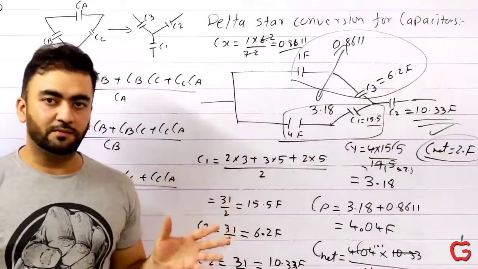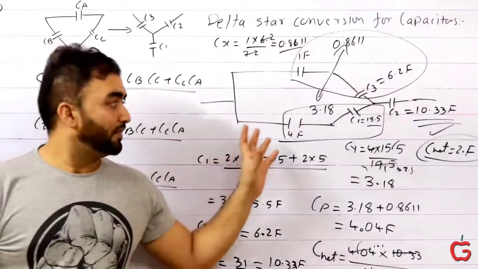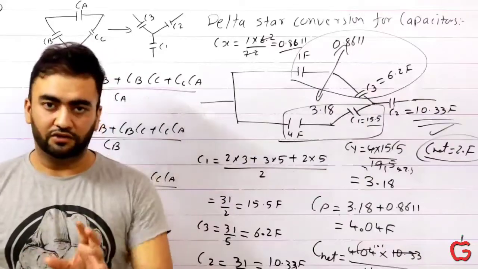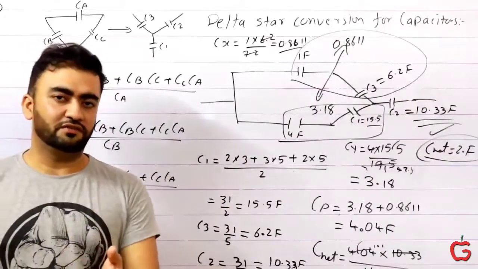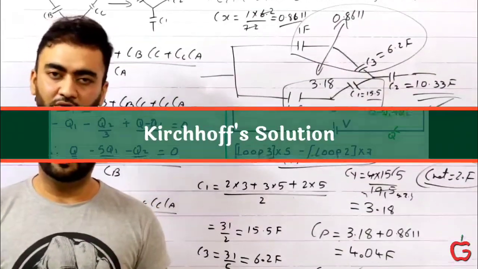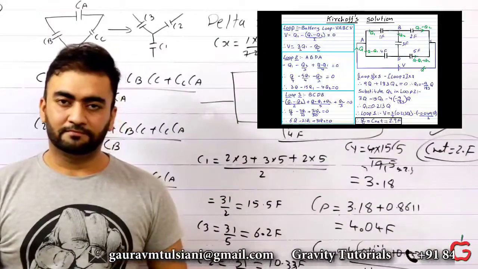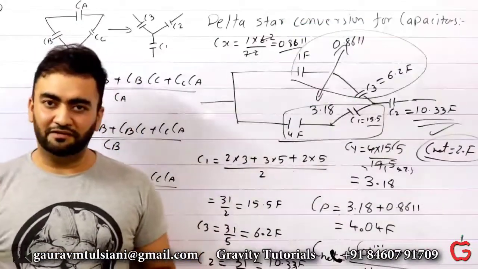Even for this particular arrangement of capacitors, I have solved this using Kirchhoff's rules also. So you can pause this video and watch the Kirchhoff's method. I hope this helps everyone.